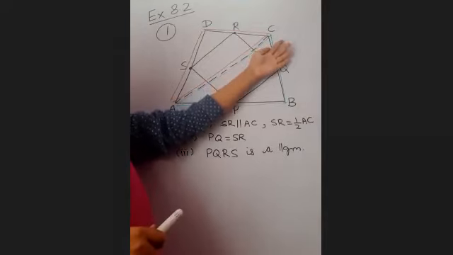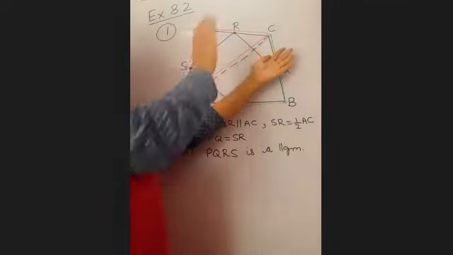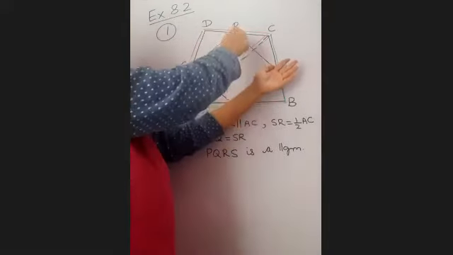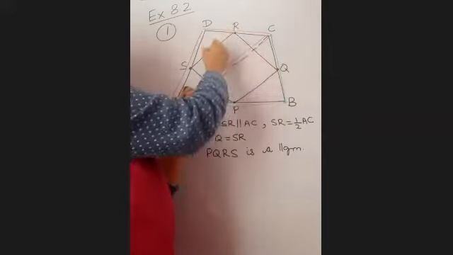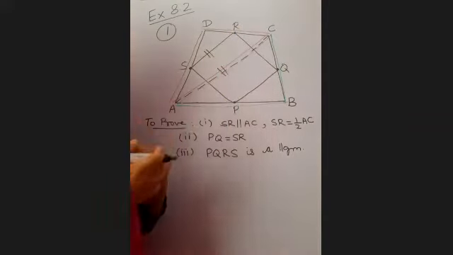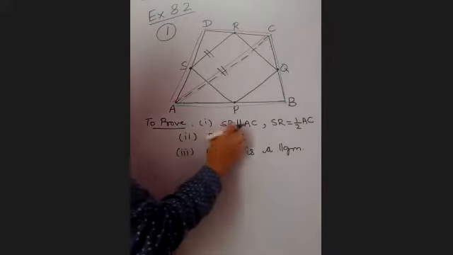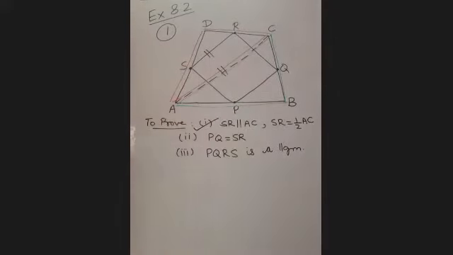Ma'am, SR is parallel to AC and SR is half of AC. Is it what we are supposed to prove in part 1? Yes, ma'am. So part 1 is done.